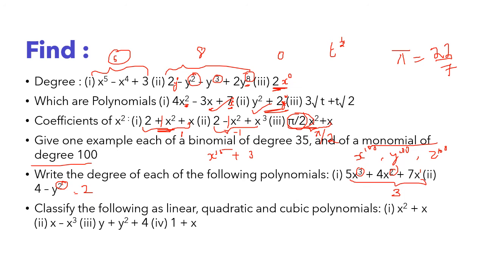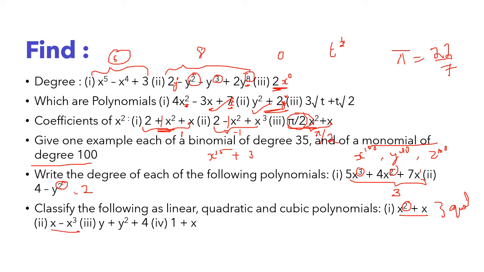Last question, classify the following as linear, quadratic, and cubic polynomials. Linear has degree 1, quadratic has degree 2, and cubic has degree 3. So over here, you can see that x square plus x has degree 2, which means it is a quadratic polynomial.